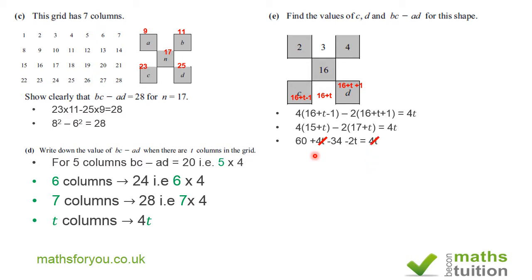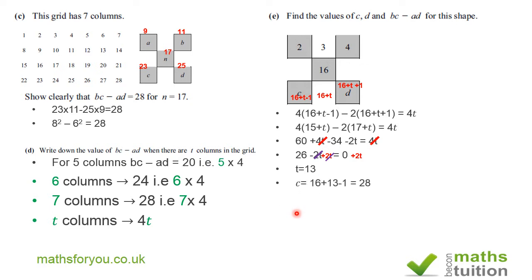The 4t's cancel out. We then end up with 26 minus 2t, and if you add 2t to both sides, the 2t's on the left-hand side cancel out. So we're left with 26 is equal to 2t, which means that t is equal to 13.